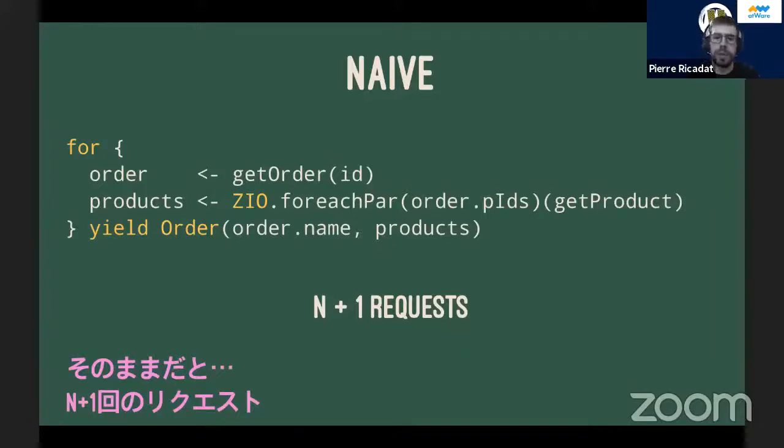That would be the same thing. The problem with this approach is that, let's say your order and the products are in a database, you will do one query for the order and then n queries for getting each product separately. So that is not optimal if you have a database. It will be pretty slow if you have a lot of products.